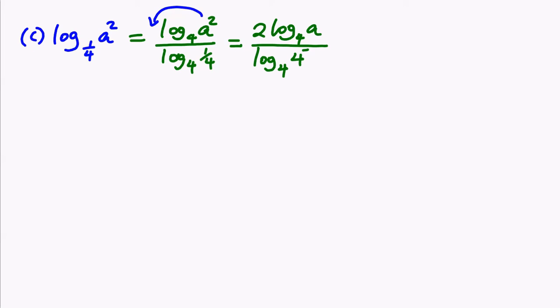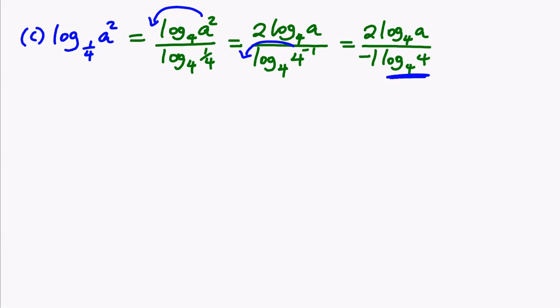A quarter is same as 4 to the power negative 1 if you remember negative indices, and which means I can bring the negative to the left. So I'll end up with 2 log to base 4 of a over negative 1 log to base 4 of 4.